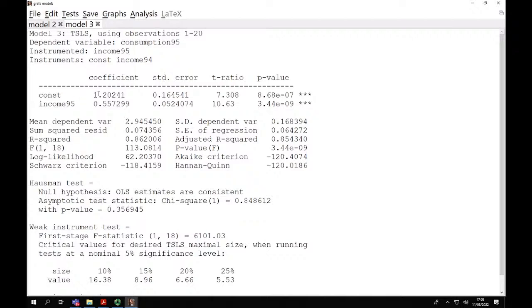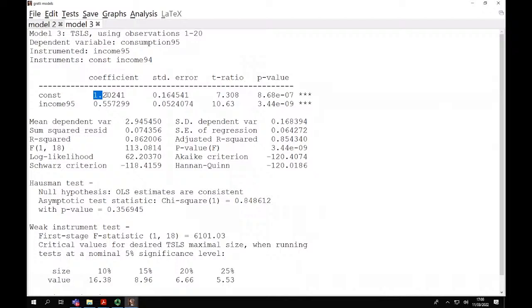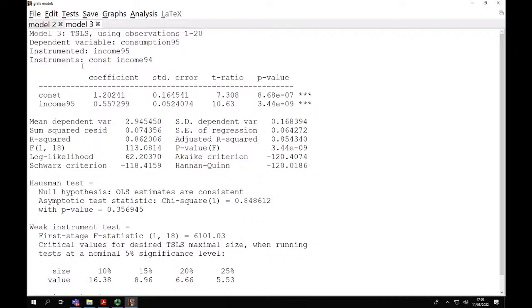My intuition is, well, 0.55 with instrumental variable, 0.55 with OLS, so it seems that things do not change in an important way. Look at the constant, 1.20, 1.21. So what could I conclude? The fitted estimator is good.